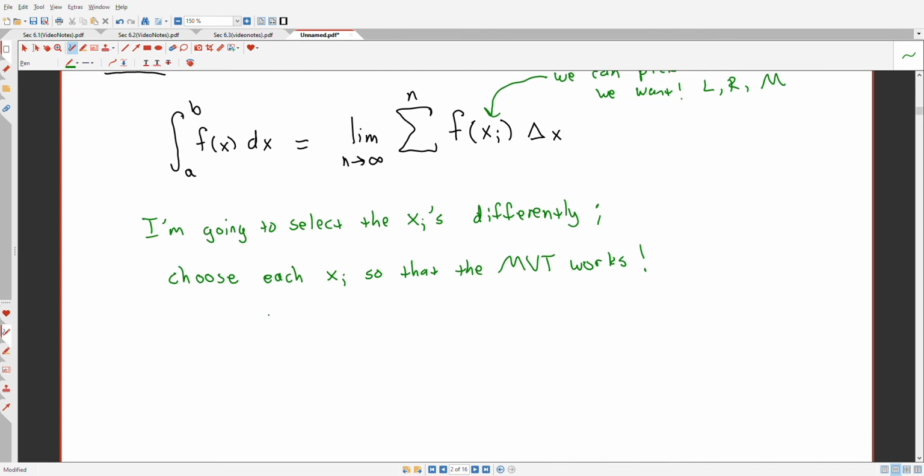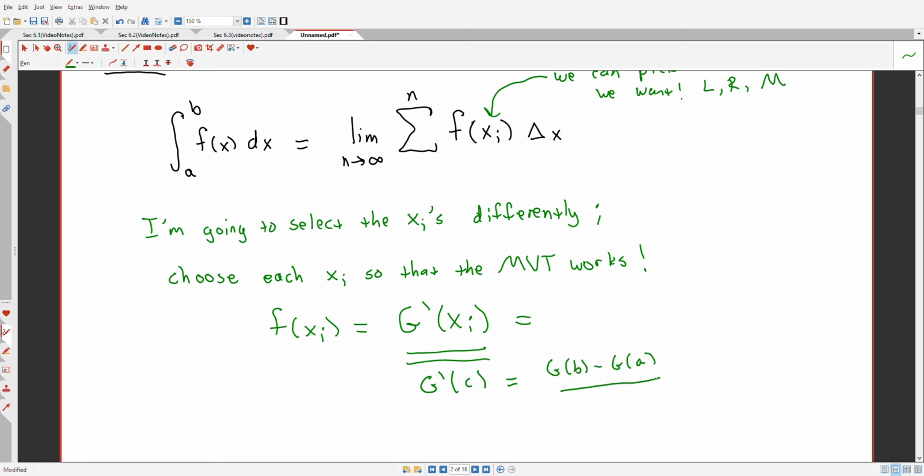We already said from the beginning f was somebody's derivative. We're starting with knowing that. And I'm saying, hey, this looks like the answer to a mean value theorem. If this were g prime of c, this would be g of b minus g of a all divided by b minus a. That would be the mean value theorem.